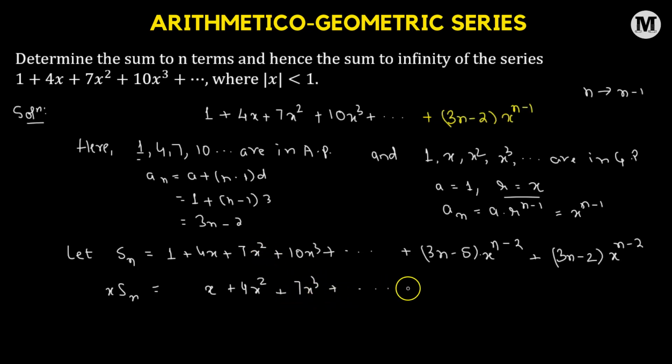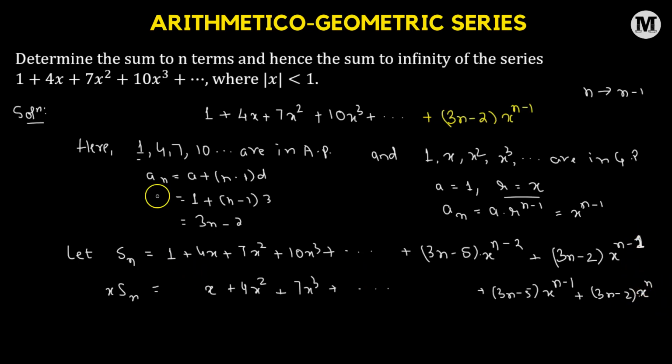This is going to continue. Then we have the second last term, 3n minus 5. When we multiply x to x raised to the power of n minus 2, that simply becomes x raised to the power of n minus 1. Added to that, we have 3n minus 2 multiplied by x raised to n minus 1. When we multiply with x, that becomes x raised to the power of n.